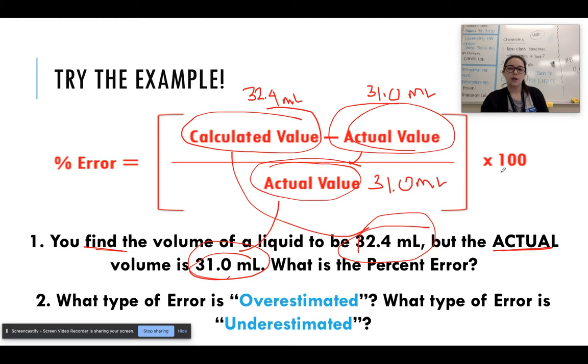I multiply it by 100, and I get the number of 4.52%. I end up with a long decimal where it's 4.516. Because that third decimal is greater than 5, I can round up my 1 to 2, and I round it off to 2 decimal places to get my 4.52%.